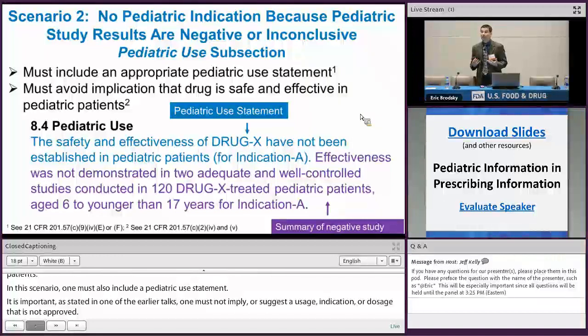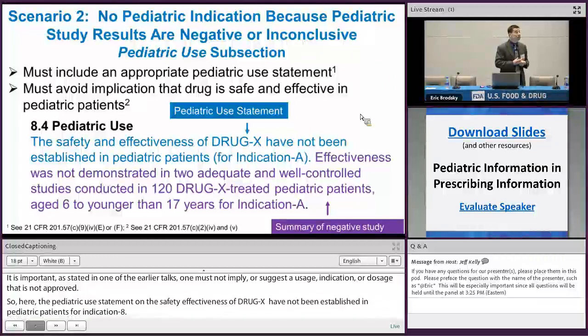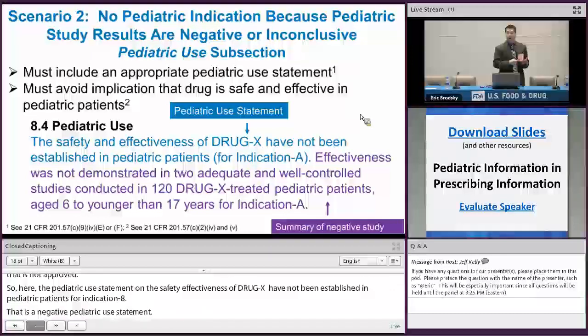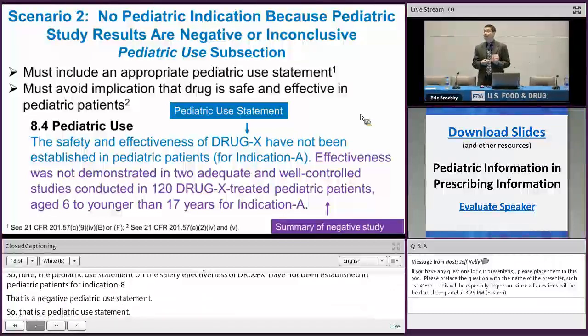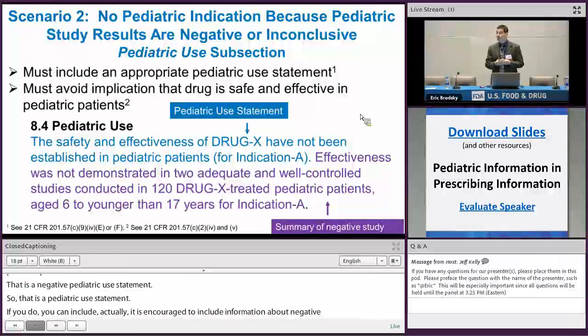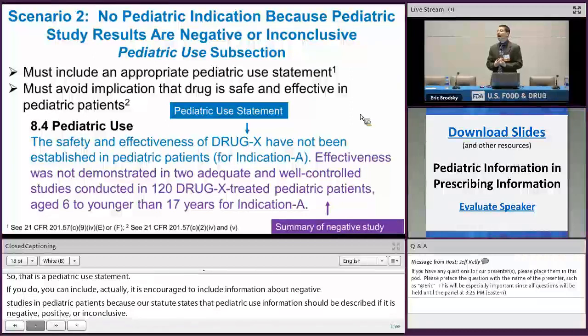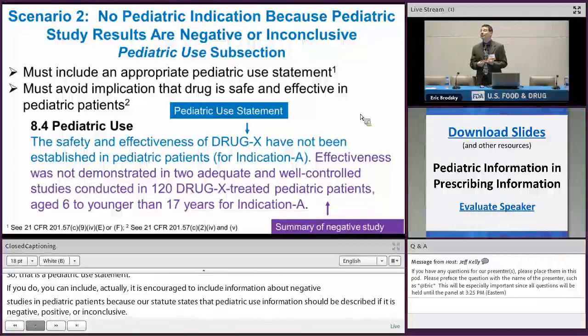And then you can include, actually it's encouraged to include, information about negative studies in pediatric patients because our statute states that pediatric use information should be described whether it's negative, positive, or inconclusive. So this is one way of describing two negative efficacy studies, but not implying that the product can be used in this population.